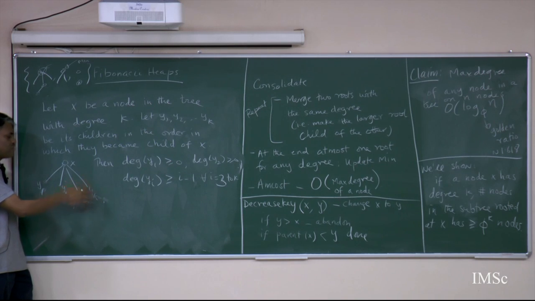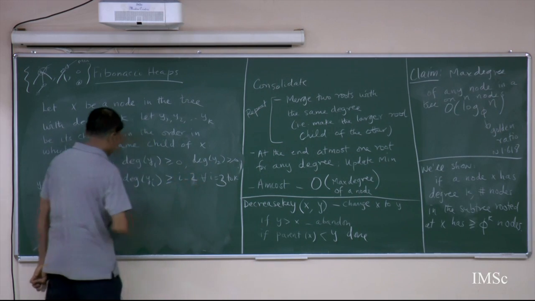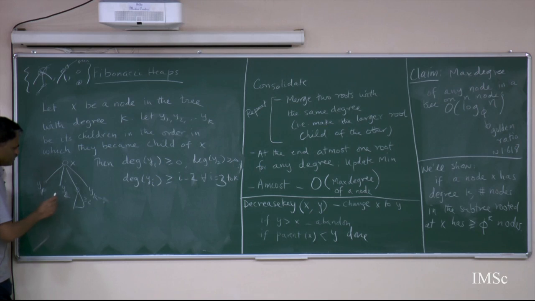yi must have degree at least i minus 1 at the time, because there are i minus 1 guys before it, and now it might have lost one.